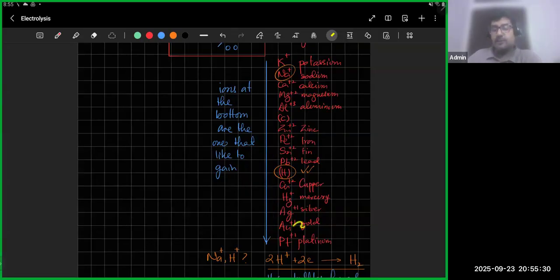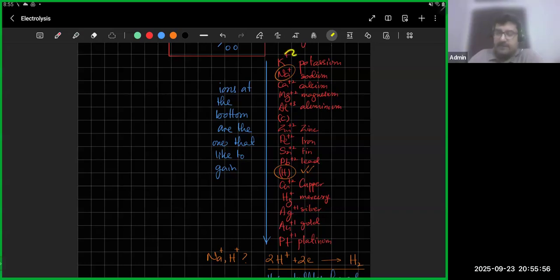Gold wants to remain as gold. So if gold ever forms an ion and it sees an electron, it will quickly grab onto it. That means gold has a very high tendency to gain electrons, which is why it's very unreactive, because it never wants to lose electrons. Metals always lose electrons when they react.